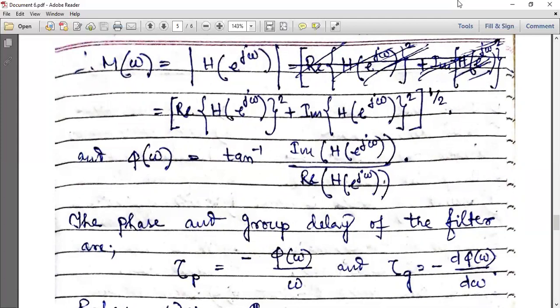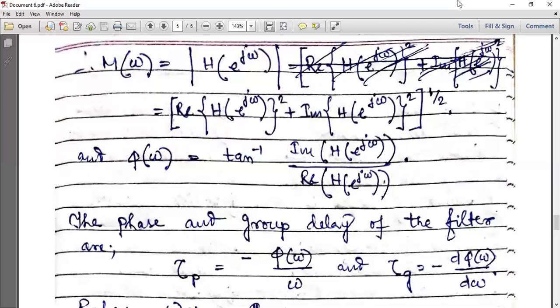If there is a complex number a plus ib, and you are asked to find the magnitude, you take root over a square plus b square. This is the magnitude. Same case here: H of e to the power j omega is treated as real part and imaginary part, the two individual components. So square of the real part plus square of the imaginary part, total under root. Clear? Now come to the phase response.